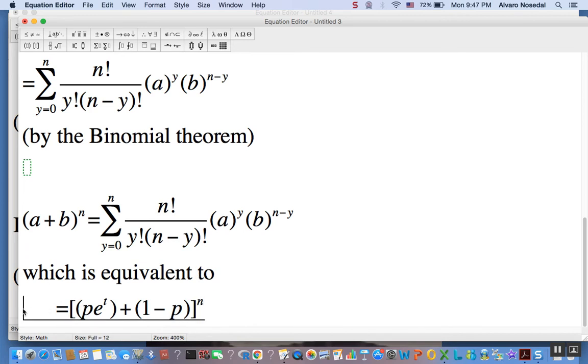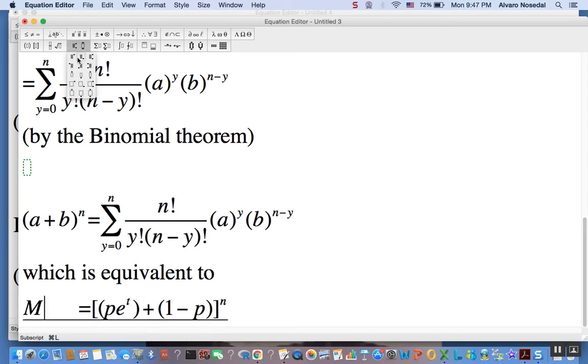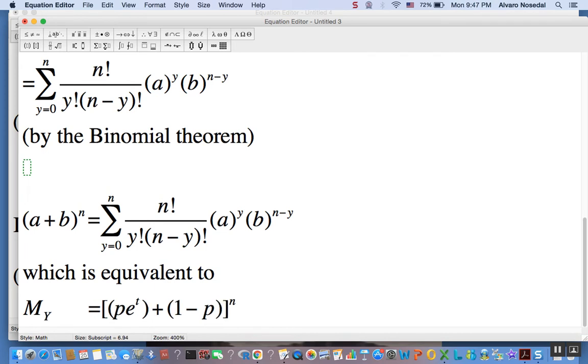And that is the MGF of our random variable Y. How's that? Nice, right? So the key here was doing a little bit of algebra and using the binomial theorem. Okay?